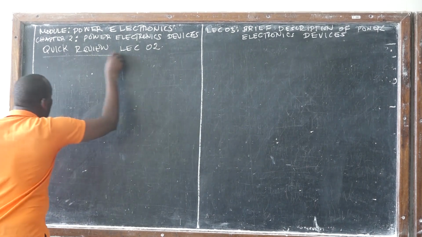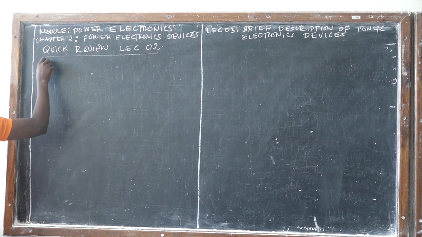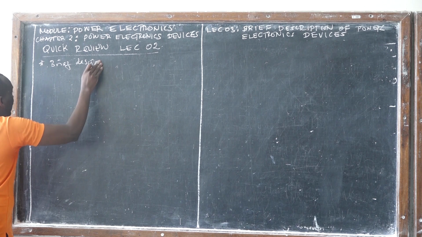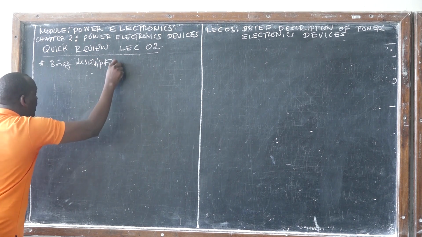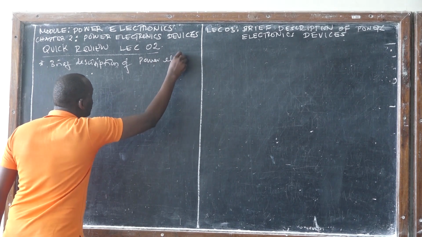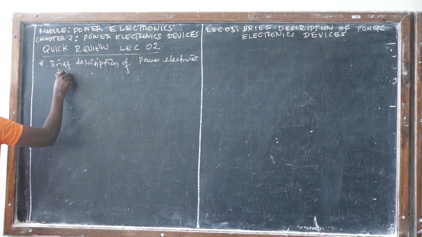In lecture 2, the title was still the same as lecture 3. The title of the lecture was what? A brief description of what? Power electronics devices.